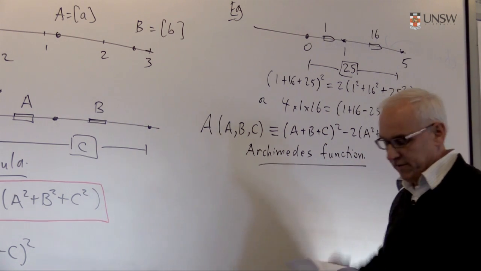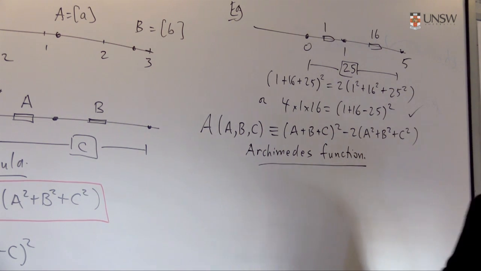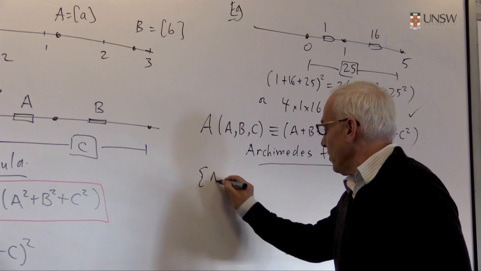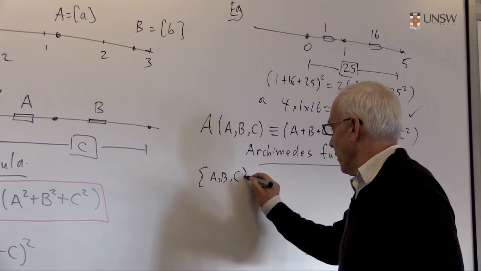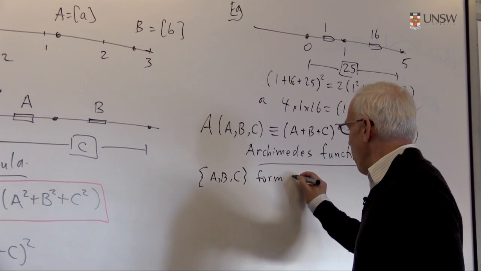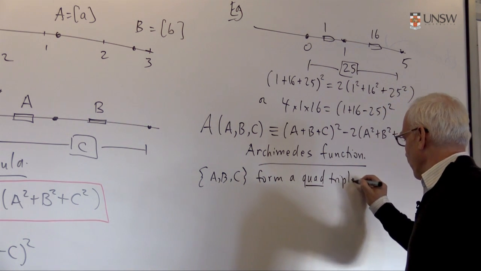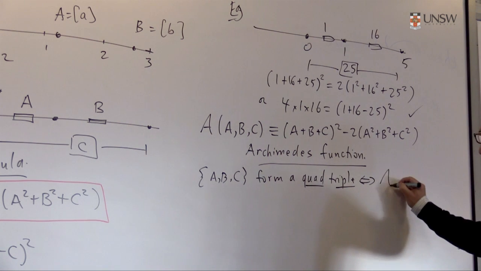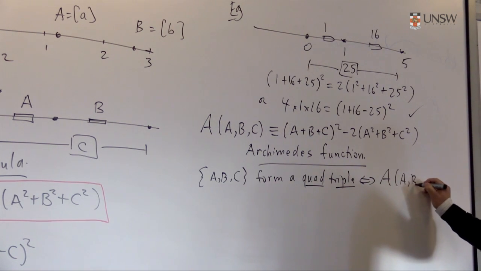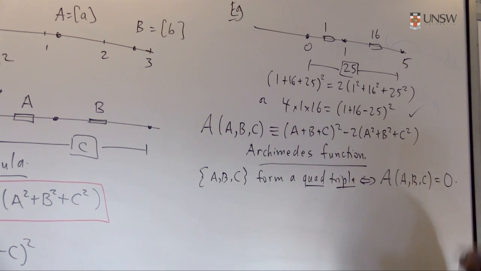And we'll say that 3 numbers, a, b, and c, form a quad triple precisely when this Archimedes function evaluated on them is 0.